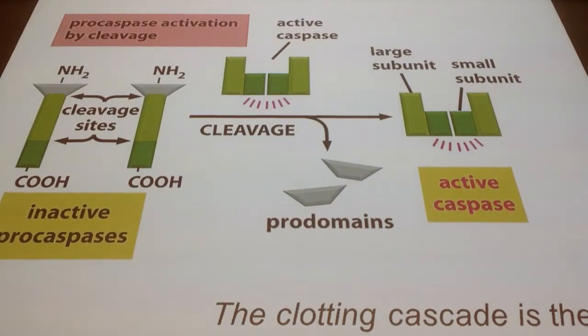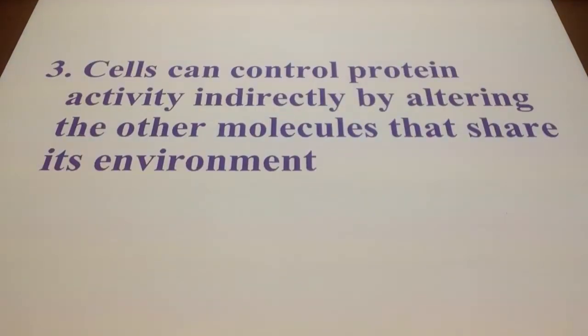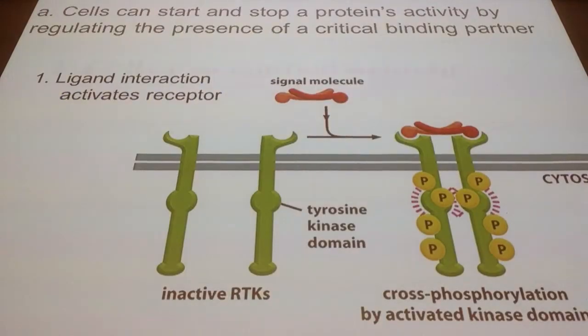Until, of course, the cell dies, and then there's no need to degrade anything because the cell is dead already. Okay? We'll come back to talk about apoptosis, the whole pathway, later on in about the fourth set of exams.